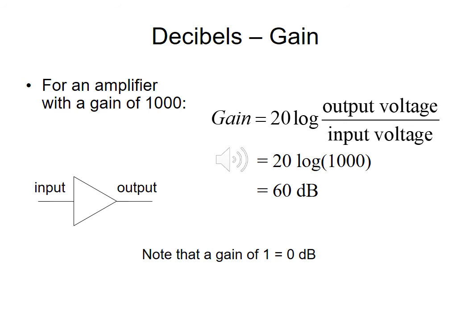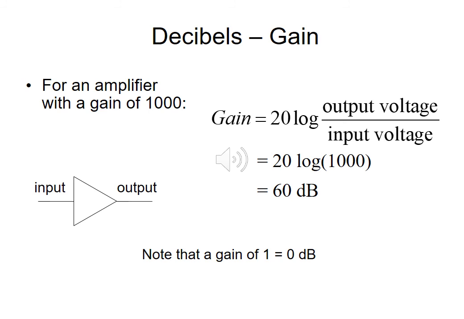An amplifier with a gain of 1,000, we would describe in terms of its dB amplification by calculating the output voltage over the input voltage. A gain of 1,000 means we'll have 1,000 times the output voltage with respect to the input voltage. Therefore, the calculation of gain is 20 log 10 of 1000. If you put those numbers into the calculator, you'll soon see that 1,000 gain is equivalent to a 60 dB increase in the signal level.